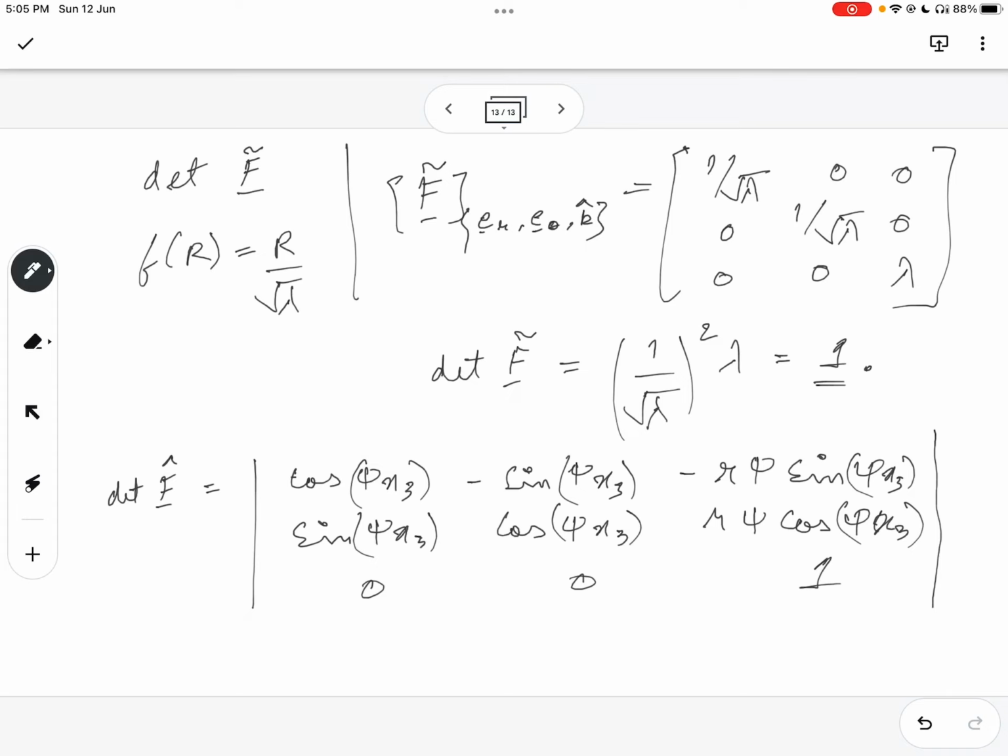It can be easily seen that this is nothing but cos squared psi x3 plus sin squared psi x3, which is 1.